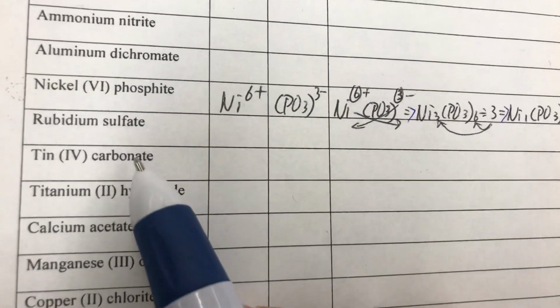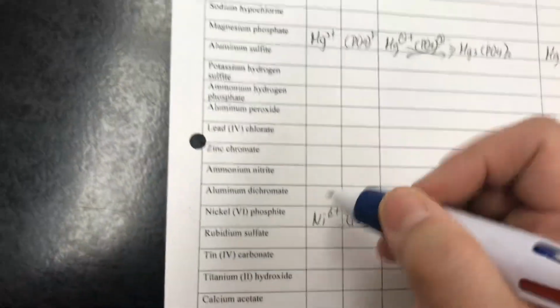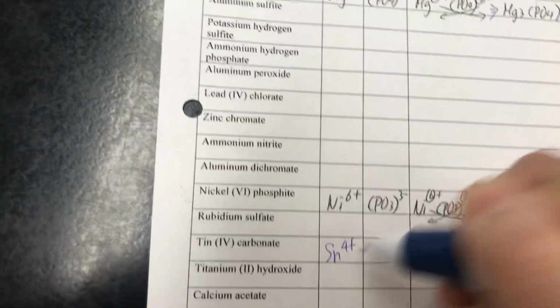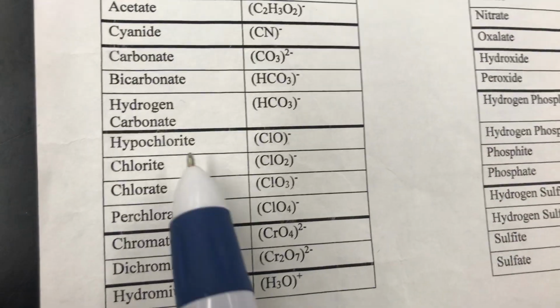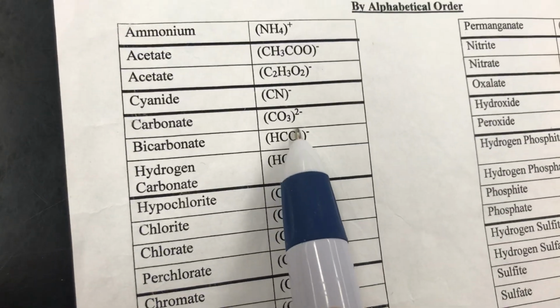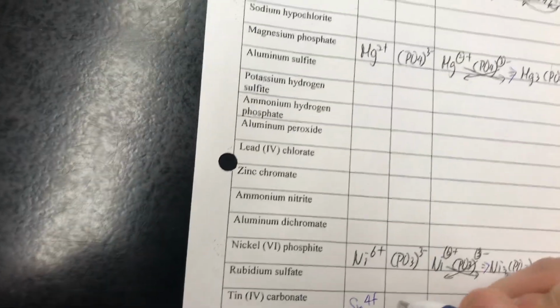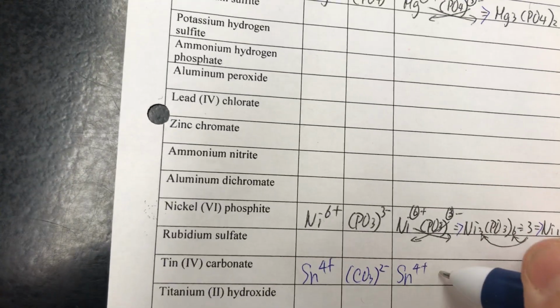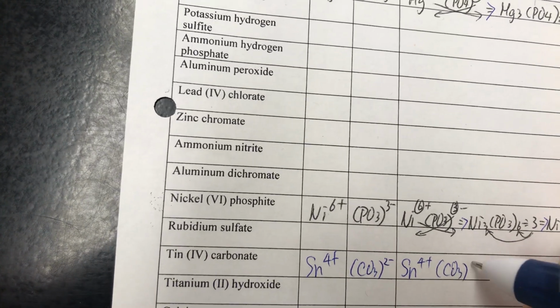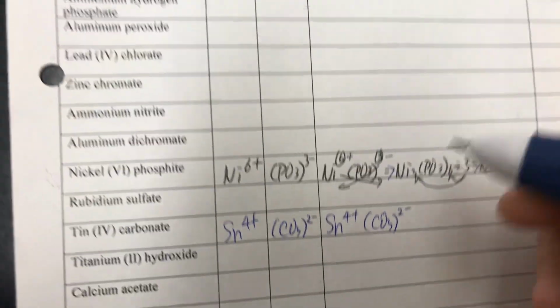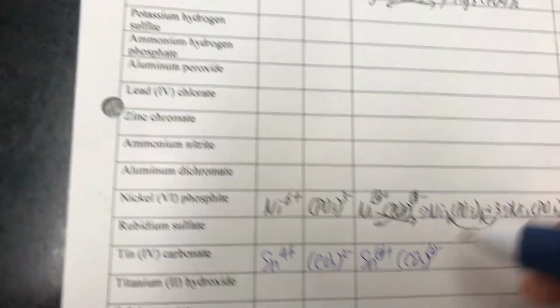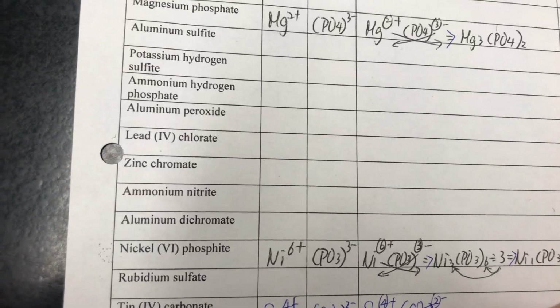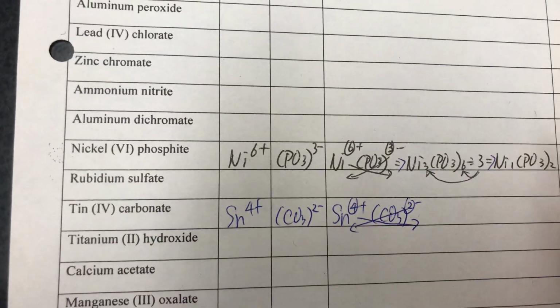So let me do the tin IV carbonate. Tin is Sn4+. Carbonate is the poly. Carbonate is right here. (CO3)2-. Okay, so I'm going to rewrite it as Sn4+ (CO3)2-. I circle the 4. I circle the 2. I brought the 2 down. I brought the 4 down.